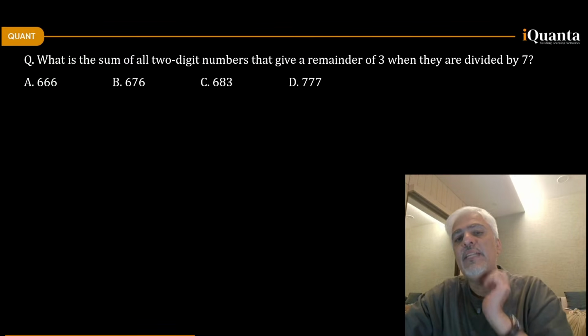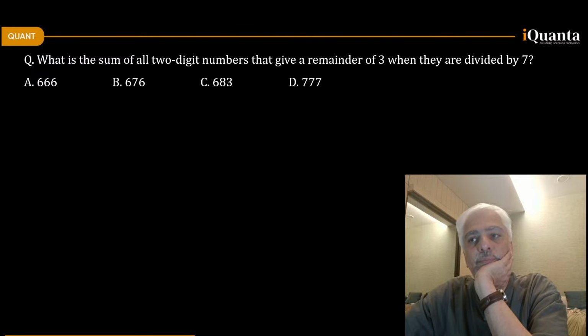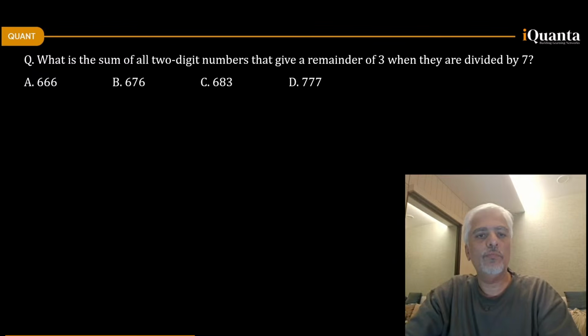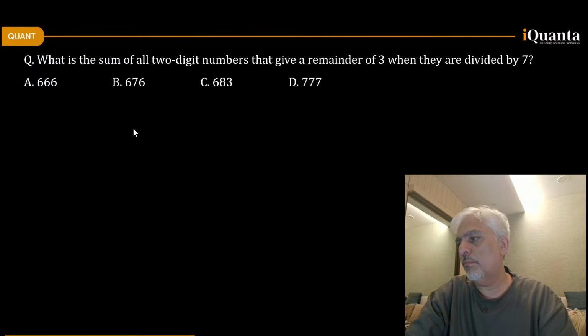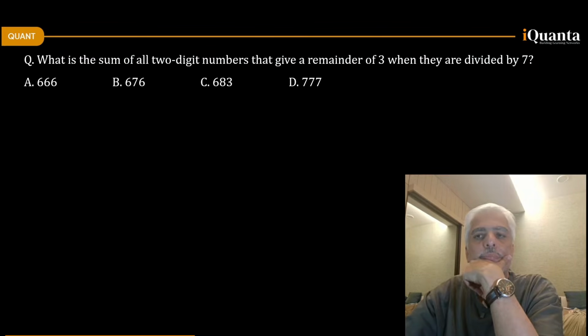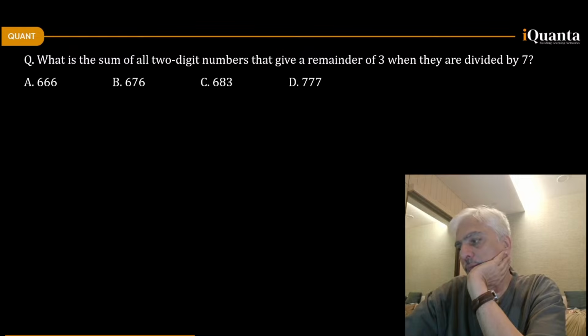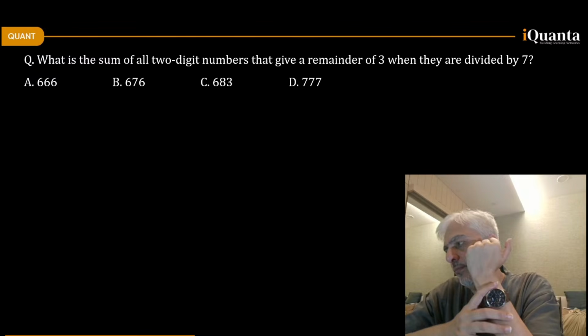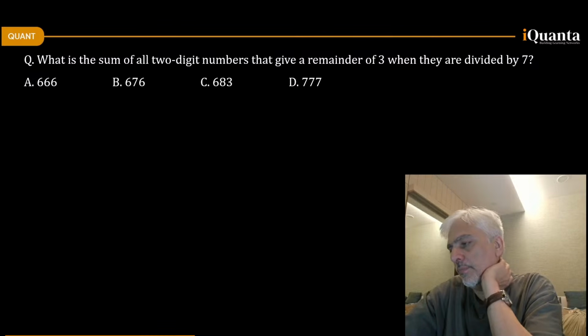Sum of all 2-digit numbers leaving a remainder 3 when divided by 7. Good.